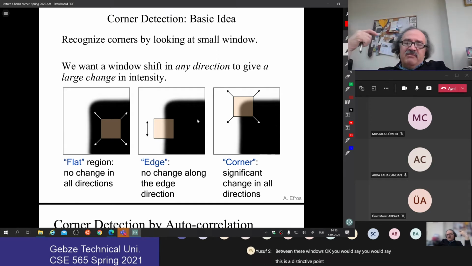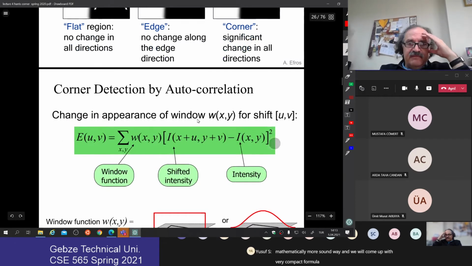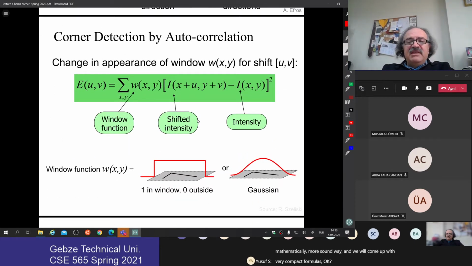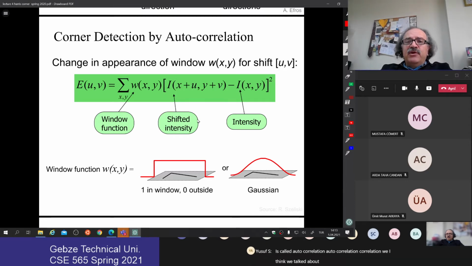You could write the algorithm, but that would be a little bit inefficient, so we are going to come up with nice formalizations to define it in a mathematically more sound way, and we will come up with very compact formulas. This is the basic idea. It's called autocorrelation. I think we talked about correlation. Autocorrelation is comparing yourself with shifted versions of yourself.